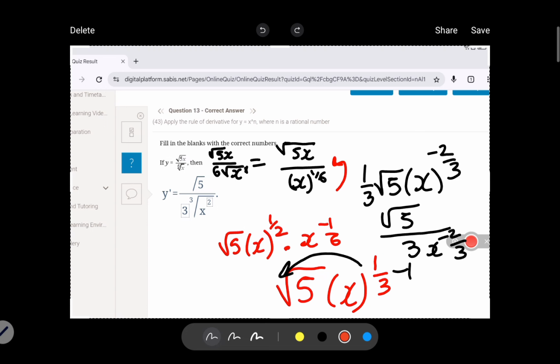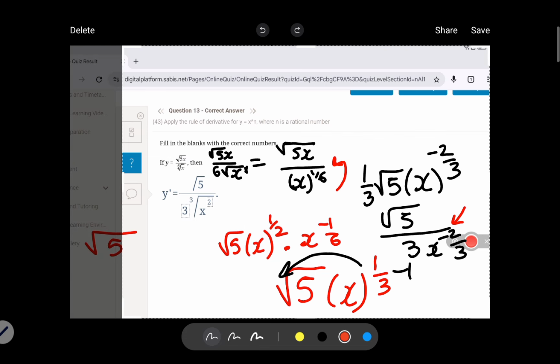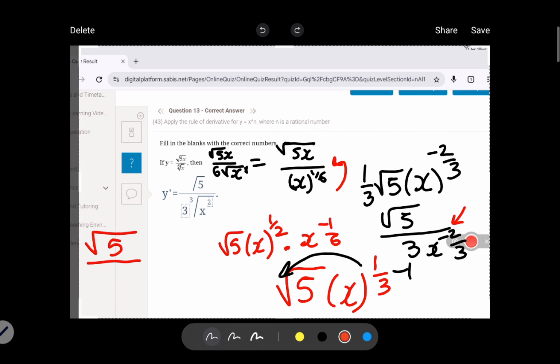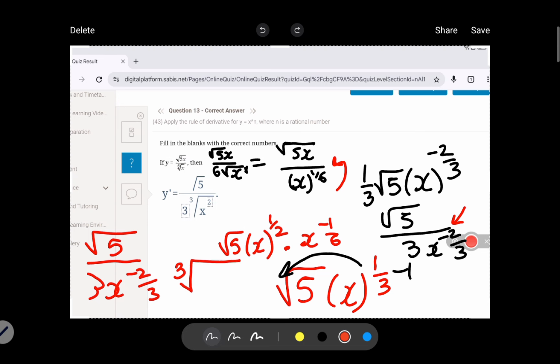So your final answer will be, now we have to make it in a, what's it called, a radical form. So radical 5 over 3 x negative 2 over 3, it will be 3 here, and then radical x to the power of 2.